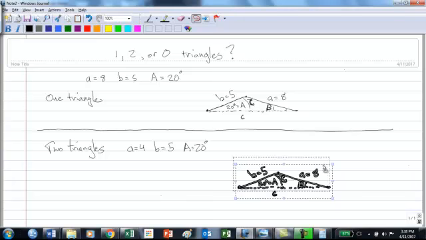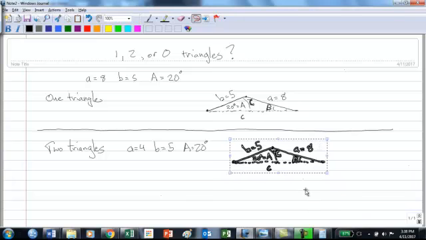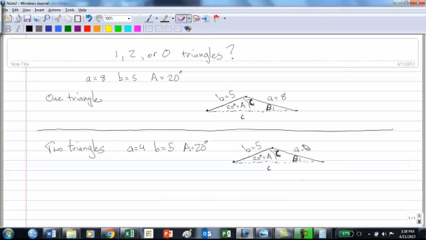Okay, so here's this picture again. Side A is no longer 8, and I don't have any of this information anymore. Side A is 4 in this case. That means the side is shorter than side B. Maybe I don't like the way I did that.